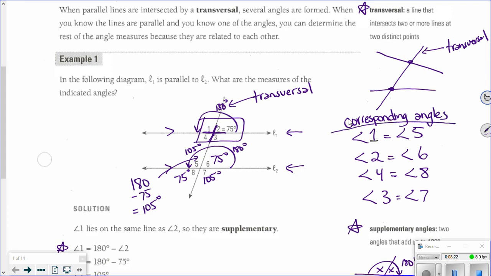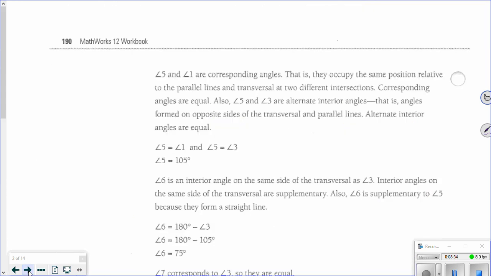Okay, so 1 and 5, 2 and 6, 3 and 7, 4 and 8 are corresponding. They're in the exact same position along the parallel and the transversal. They're known as corresponding. Corresponding angles are equal to each other.